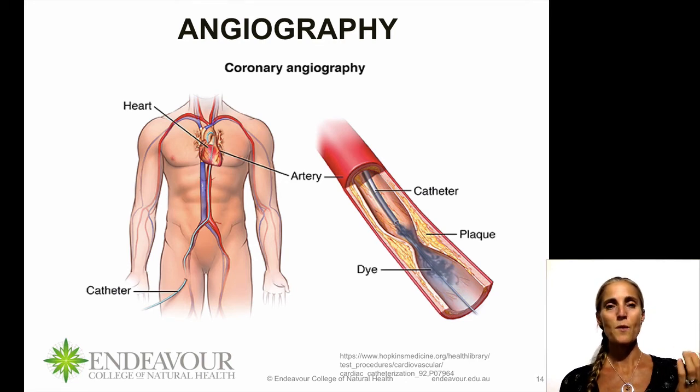This is where they can inject dye, take x-rays, and observe the extent to which the artery is blocked. This can lead to an appropriate judgment of what the next course of action is. Some of the options would be a balloon expansion of the vessel if it's constricted, and also arterial stent insertion is done sometimes as well.